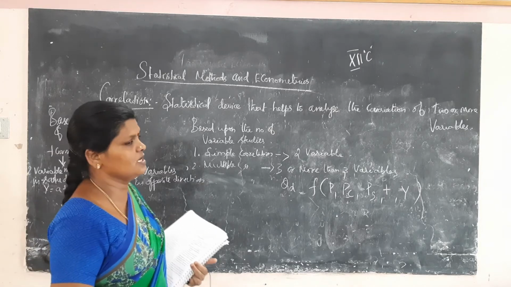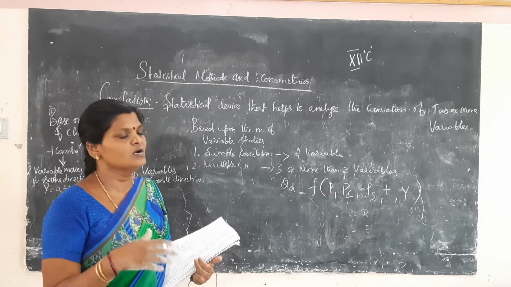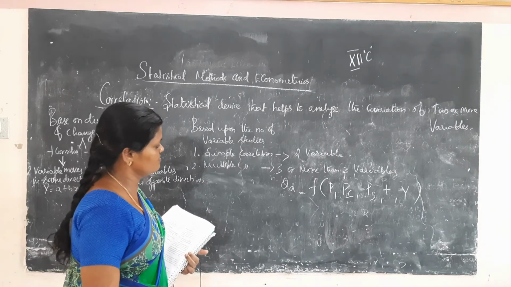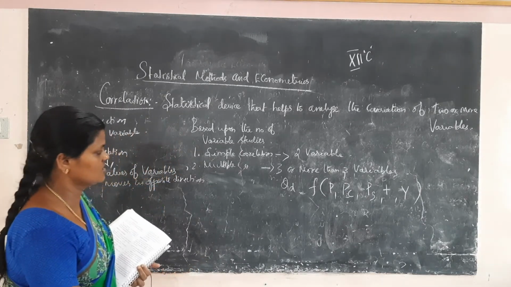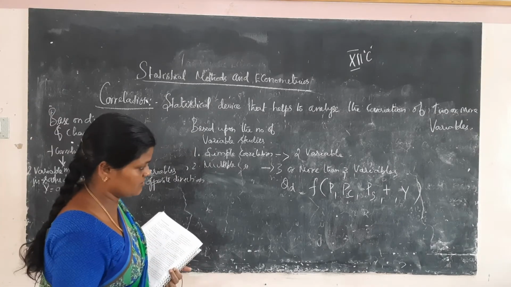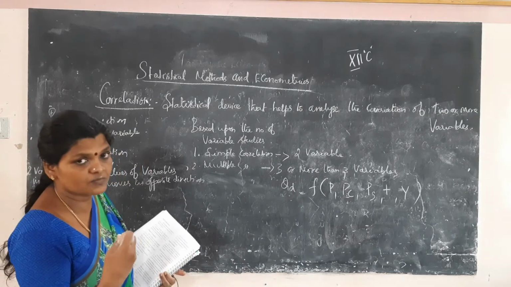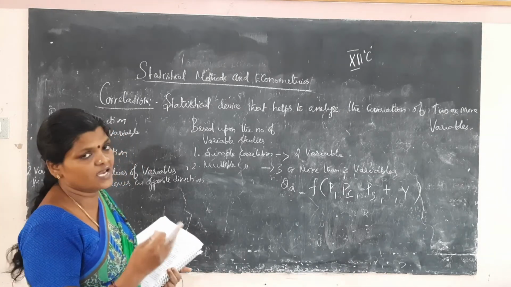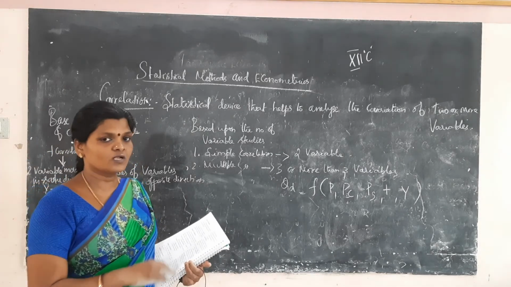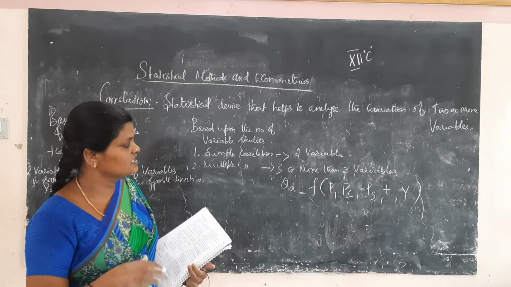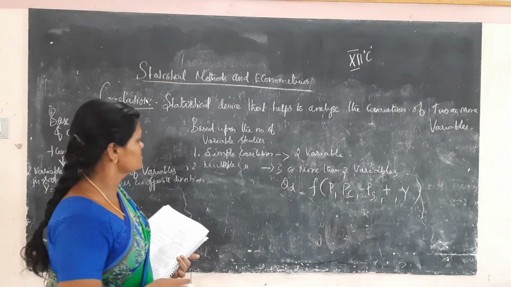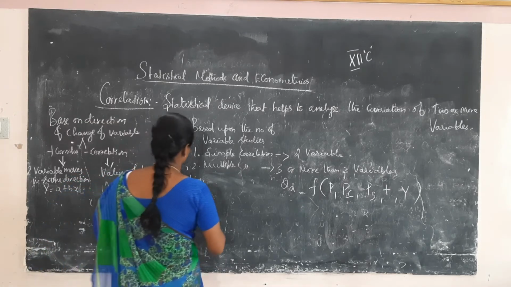For example, quantity demanded is a function of price, price of competitive goods, price of substitute goods, taste and preference, and income. These are all the different variables in the study of that particular product. So it is known as multiple correlation.